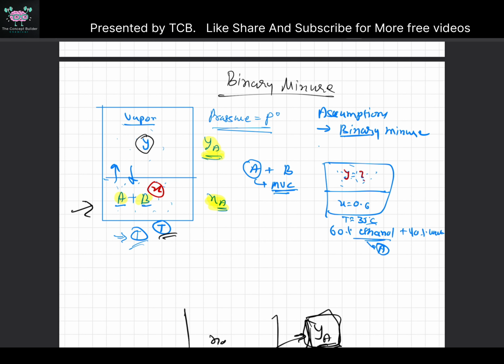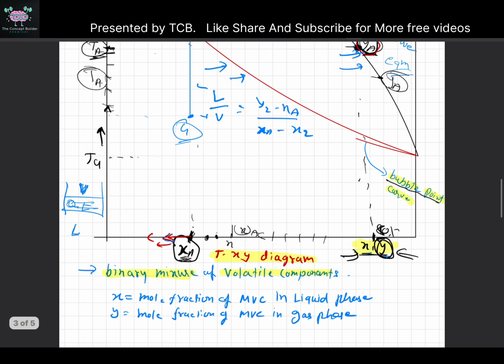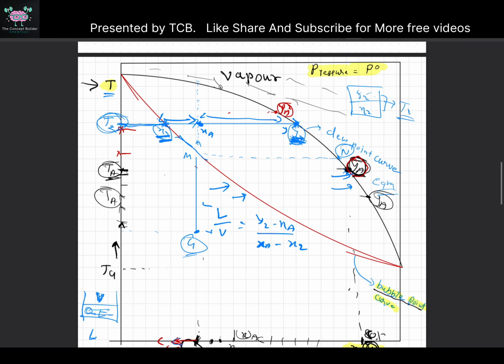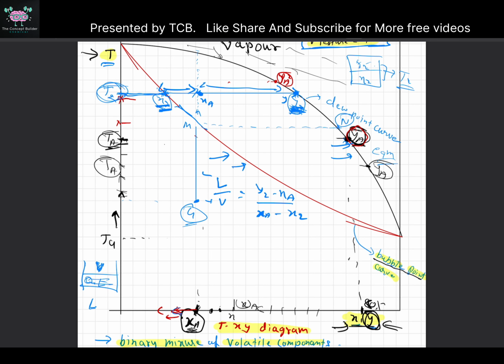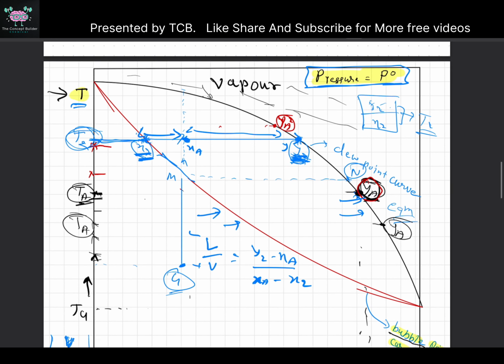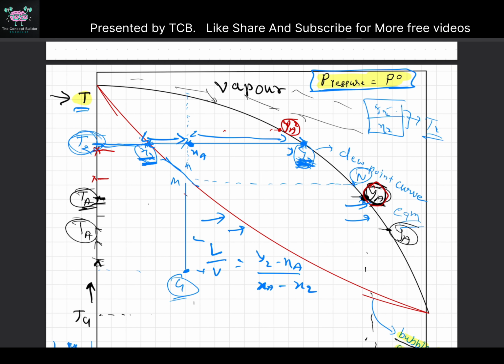So another assumption I'll write over here is that it is at constant pressure. And why is it important? Because only when you fix the pressure can you draw the TXY diagram. Otherwise the degrees of freedom will be higher and you can't fix the state of the system.